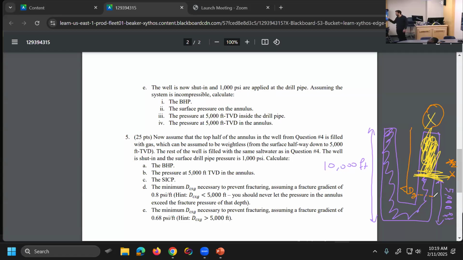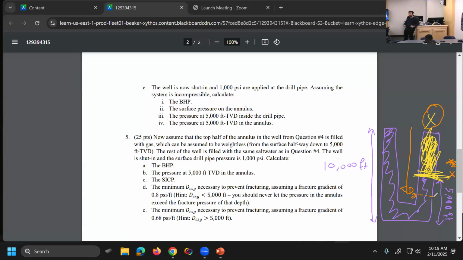So that's pretty much all. But the bottom point is a little bit harder. Part B is a little bit harder because you have this section of purple which weighs. It's like I have X plus, it's no longer plus 0, it's plus this much weight of purple equal to 0.68 dCSG.